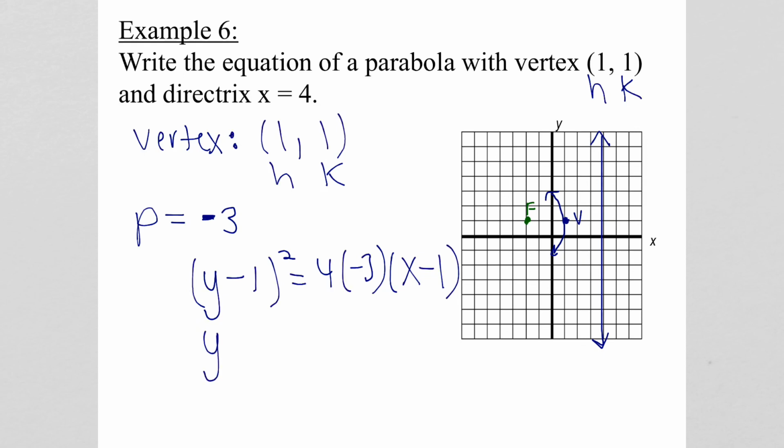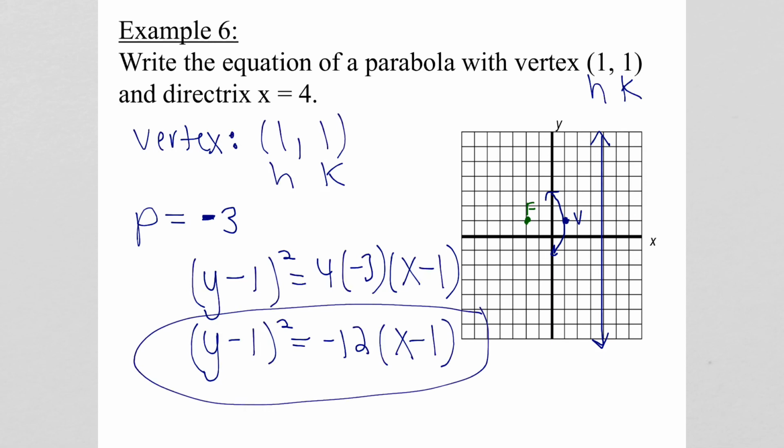To simplify that just a little bit, y minus 1 squared, keep that binomial on the left, that binomial squared, and then just multiply 4 times negative 3, which is negative 12 times x minus 1. That would be your answer for example 6.